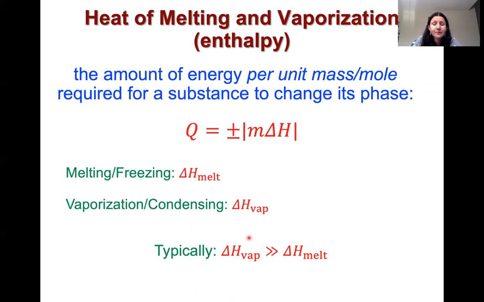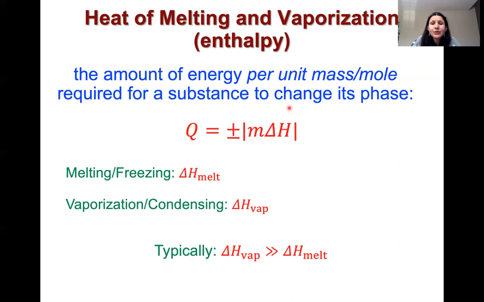So the heat of vaporization is typically much larger than the heat of melting, due to the fact that more energy is required to break those bonds to go from liquid to gas than to break the bonds to go from solid to liquid.